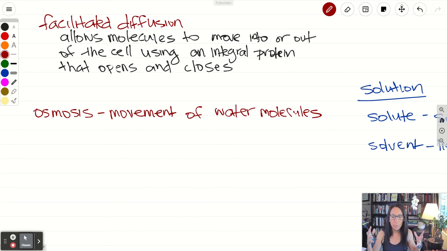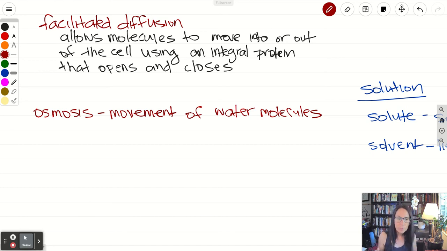You have this cell with a bunch of solute in it, like organelles and all these molecules, and they just can't go in and out of the cell as they please. But water can move in and out of the cell as it pleases. Water can pass through the plasma membrane. Solutes cannot, unless there's a channel, like I mentioned earlier.